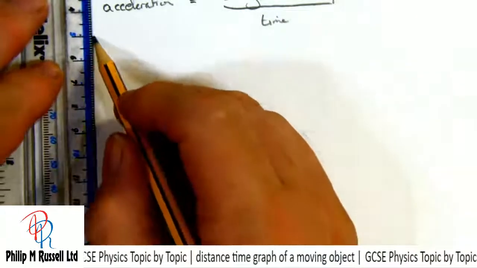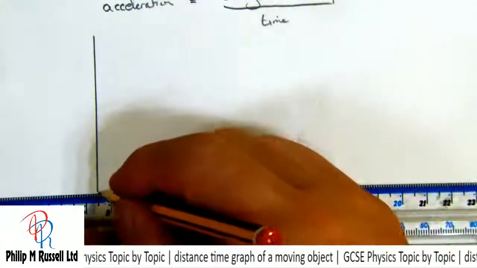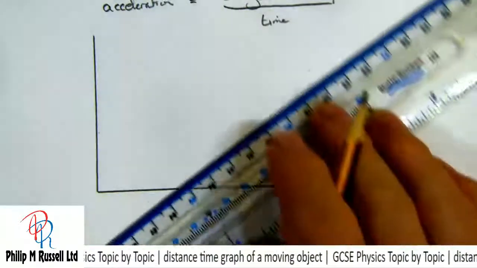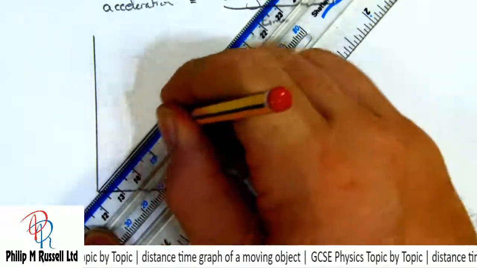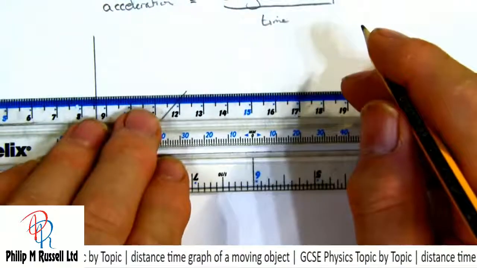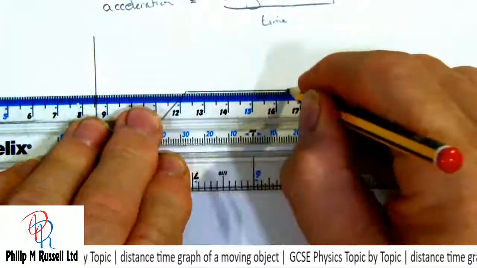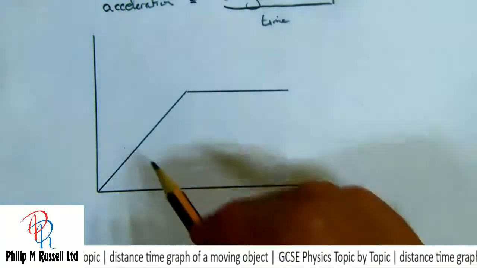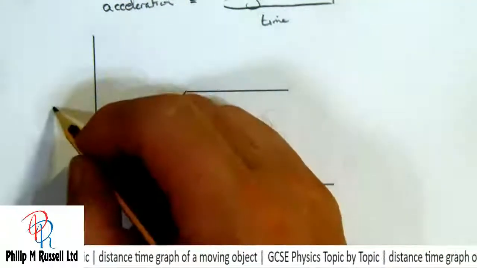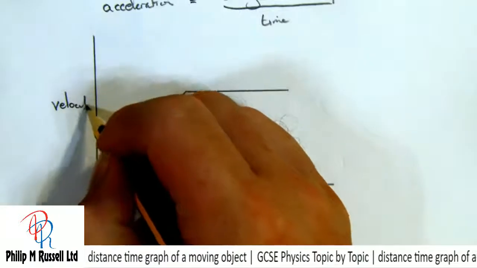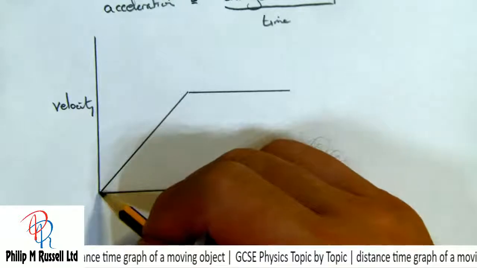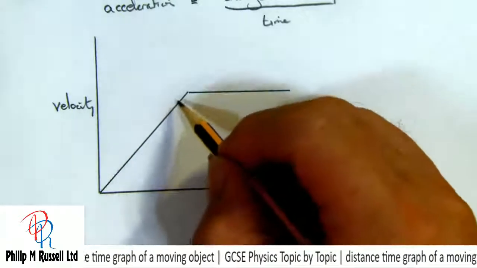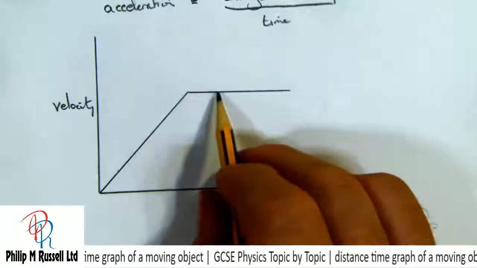In a velocity time graph, what we do is we have something that may look like this. Here is our velocity, and you can see our velocity here is increasing, increasing, increasing, and then our velocity stays the same.